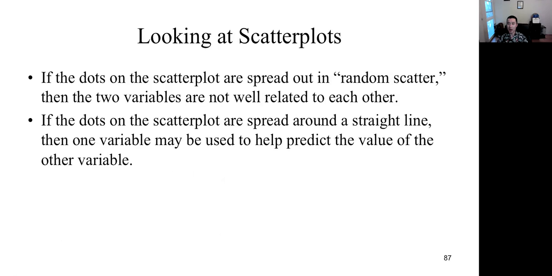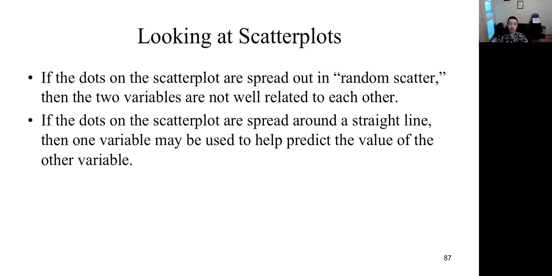So if the dots on a scatter plot are spread out in a random scatter, then probably these two variables are not well related to each other. Okay. If the dots are spread around a straight line, that's very good. Or not even a straight line, but some other type of line, then probably there's a correlation between these two parameters, and we should further look at them.